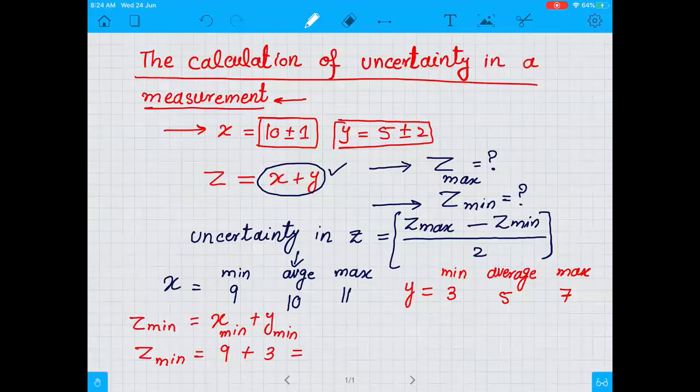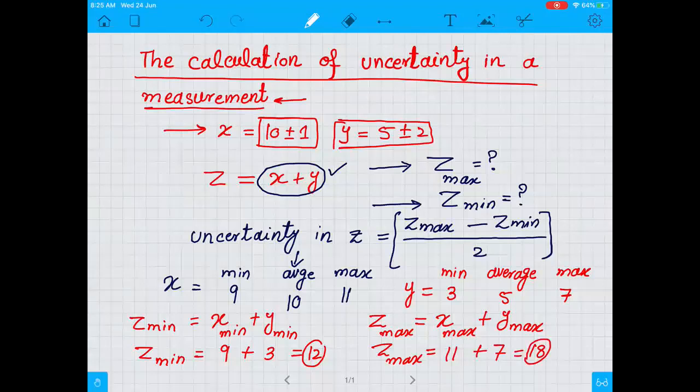So minimum value of z is 12. Now let's calculate z maximum. Z maximum would be equal to x maximum plus y maximum. Now x maximum is 11 and y maximum is 7, so it would be 18.